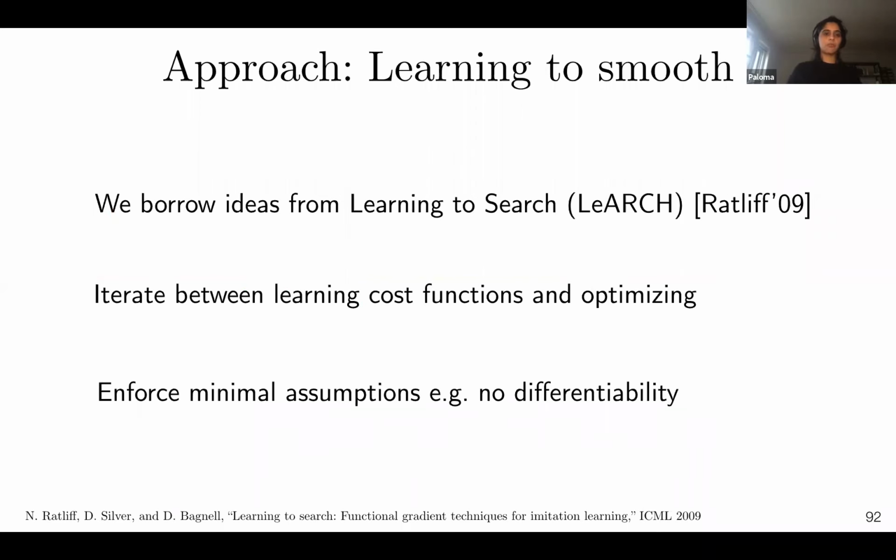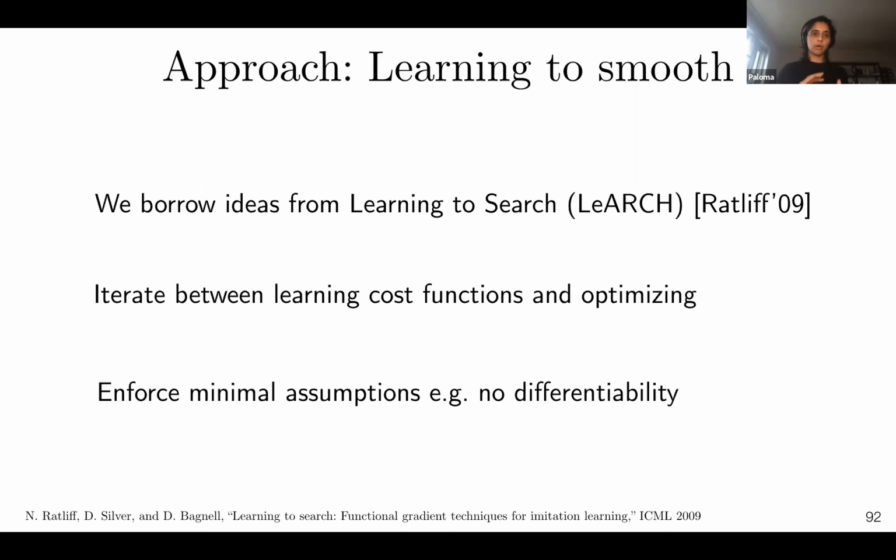And as a result, we can borrow ideas from this method, learning to search from Drew Bagnell's group, which learns cost functions from expert demonstration. And their key idea is to essentially iterate between guessing a cost function, planning with it to produce a path, comparing it with an expert path, and updating the cost to make this expert path look cheaper.